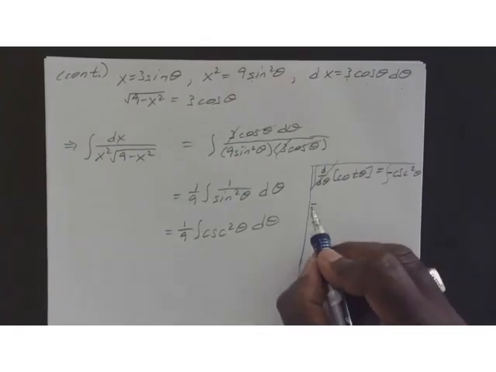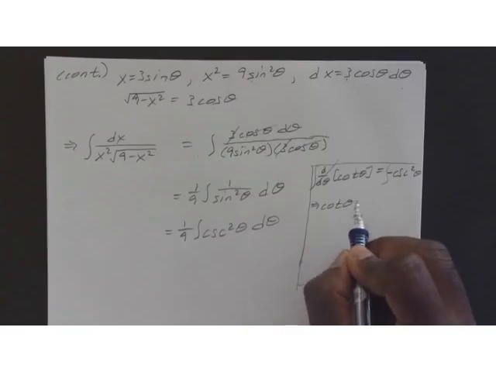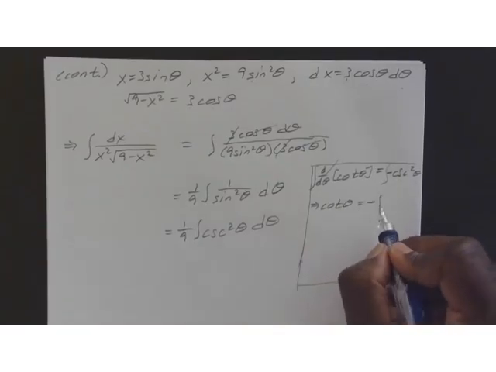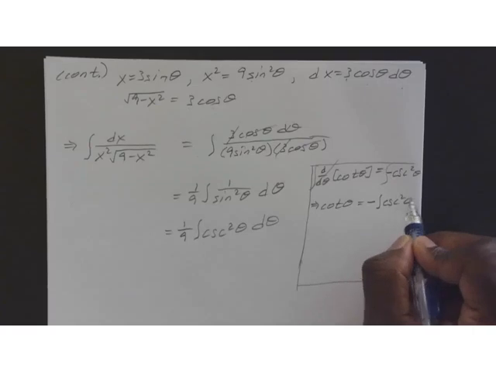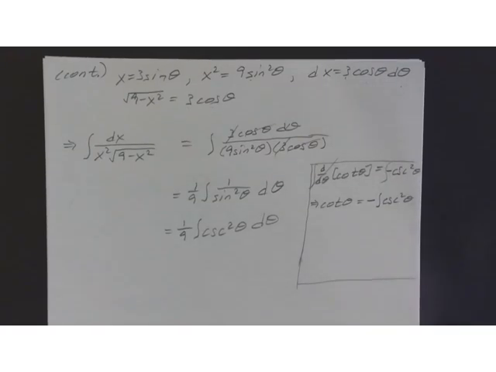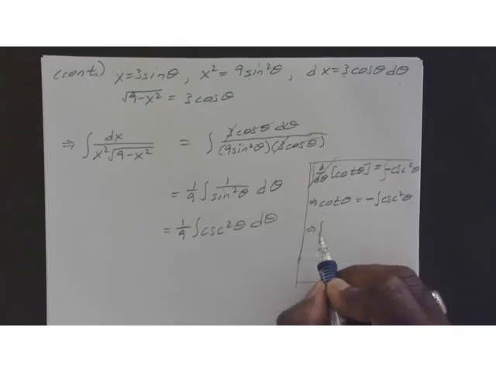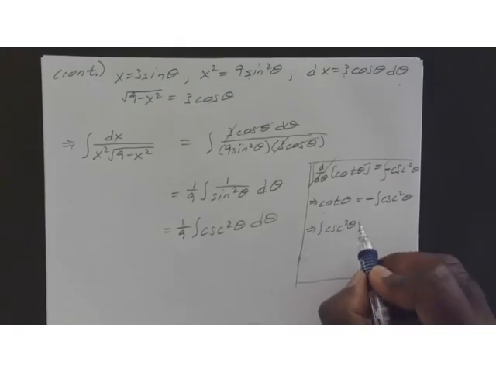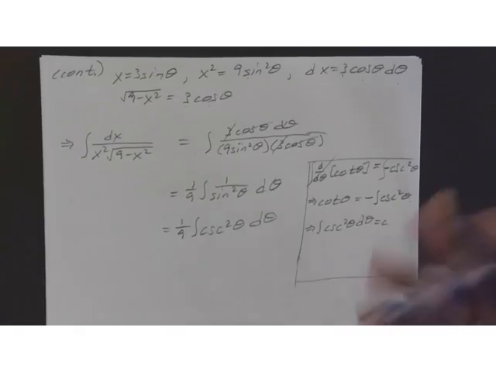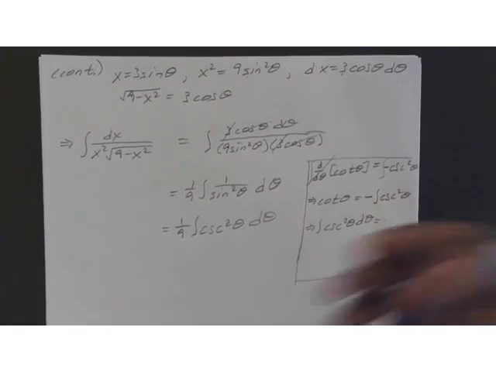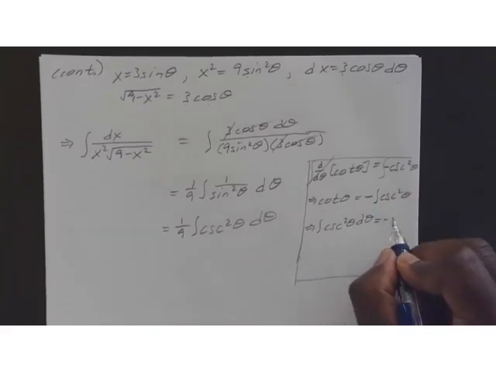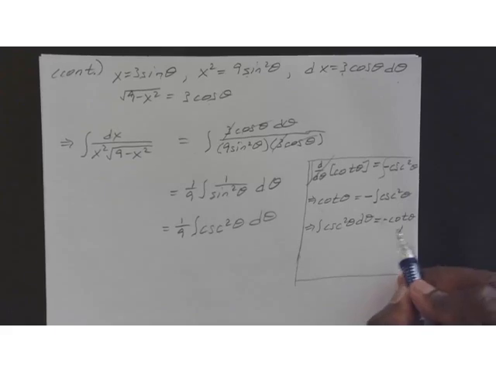So we know that cotangent of theta is equal to the negative integral of cosecant squared of theta with respect to theta, but I'm running out of room. So if we multiply or divide, whichever one works, both sides by -1, we see that the integral of cosecant squared of theta with respect to theta is equal to negative cotangent of theta plus c.